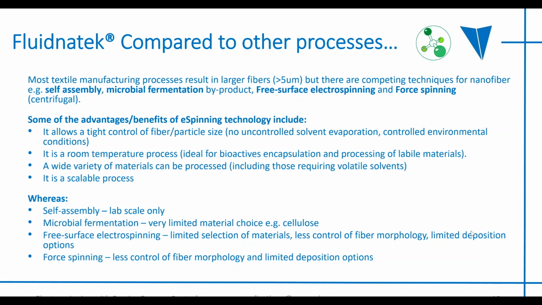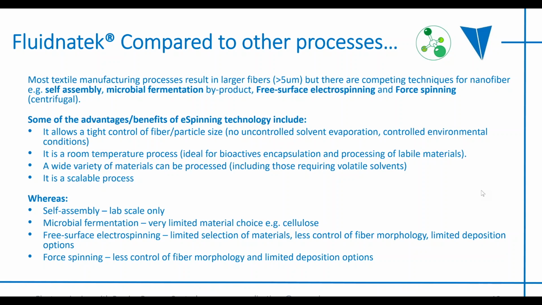Some of the advantages of our electrospinning technology include a tight control of fiber or particle size. Because we process through capillary needles, the solution isn't exposed to the environment until it's actually spinning.